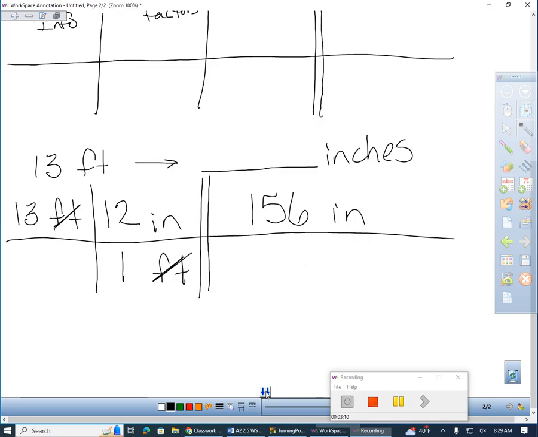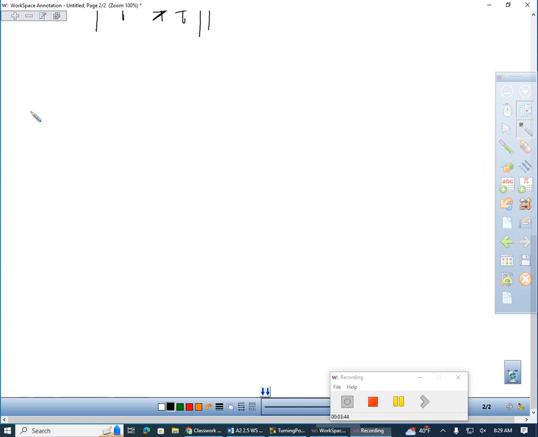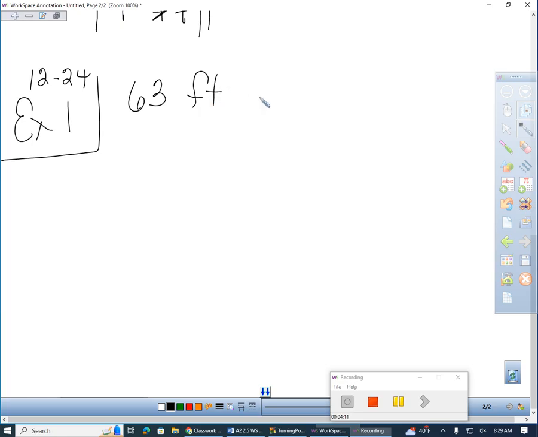So here we go. We're going to do example number 1. And I'm going to actually start at number 12, and I'll come back to 10 shortly. But I'm going to start with number 12 through 24. And we're going to start off really easy. Let's say I want to do 63 feet to yards.